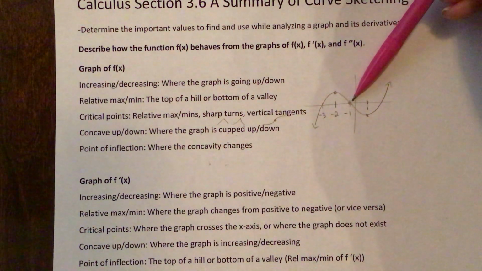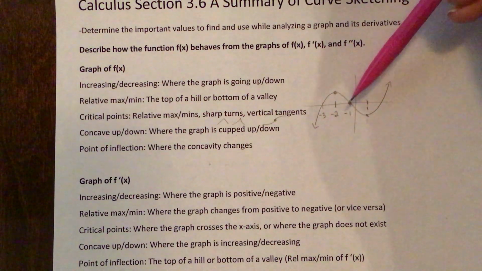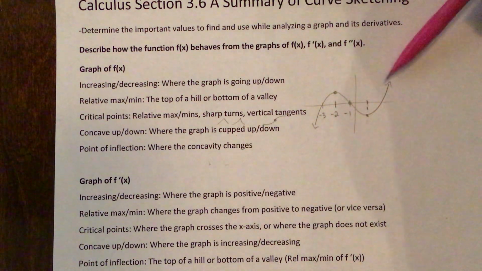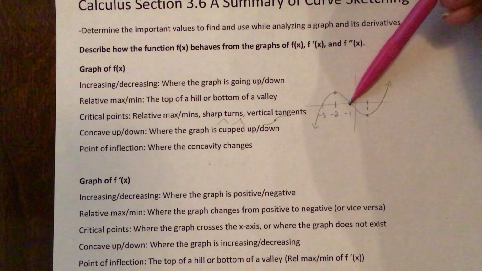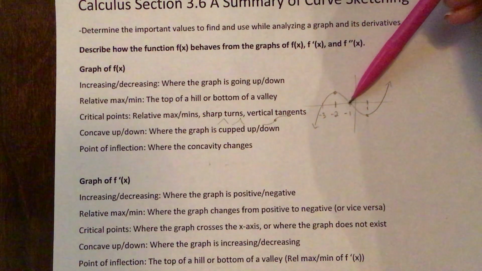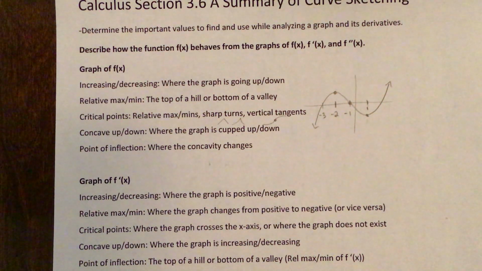That was more of an accident than anything else. Okay, so we switch from concave down to concave up at x equals -1. So that is a point of inflection on this graph. That is the only time on this graph that we change from concave down to concave up or the other way. So that is the only point of inflection that happens.